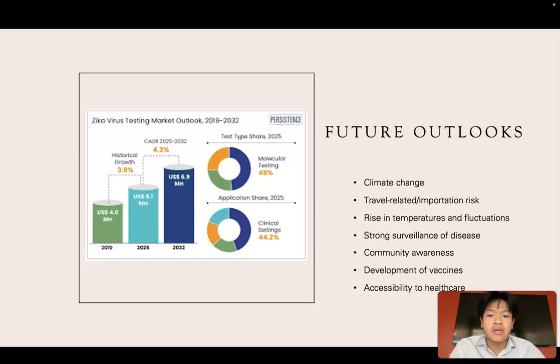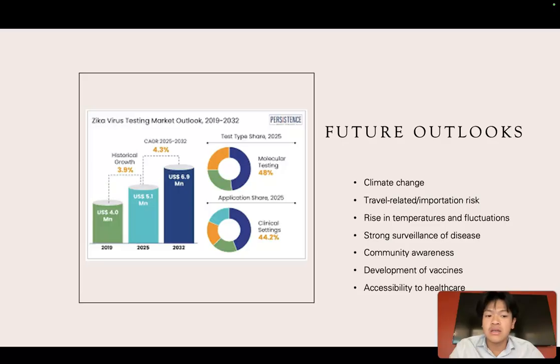So here are some future outlooks that I included as well. We have climate change, travel-related importation risks, rising temperatures and fluctuations. As we know, whichever environment favors mosquitoes more should be under more surveillance, which is why I include strong surveillance of the disease.